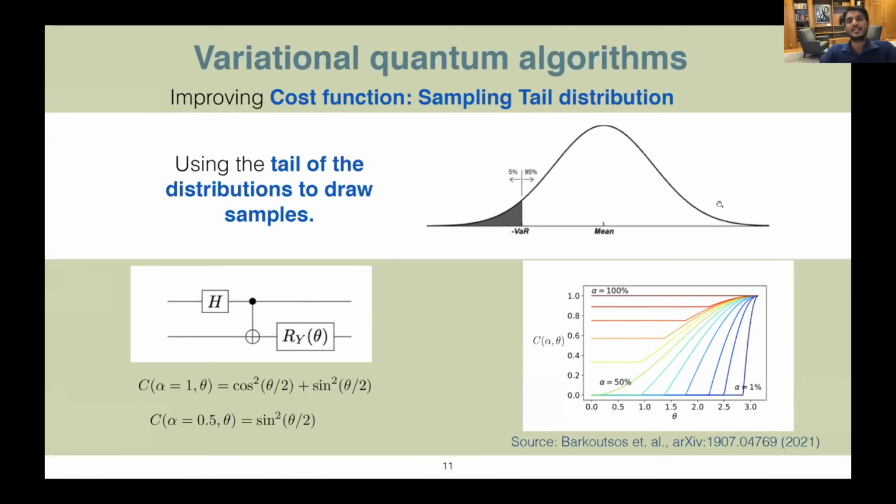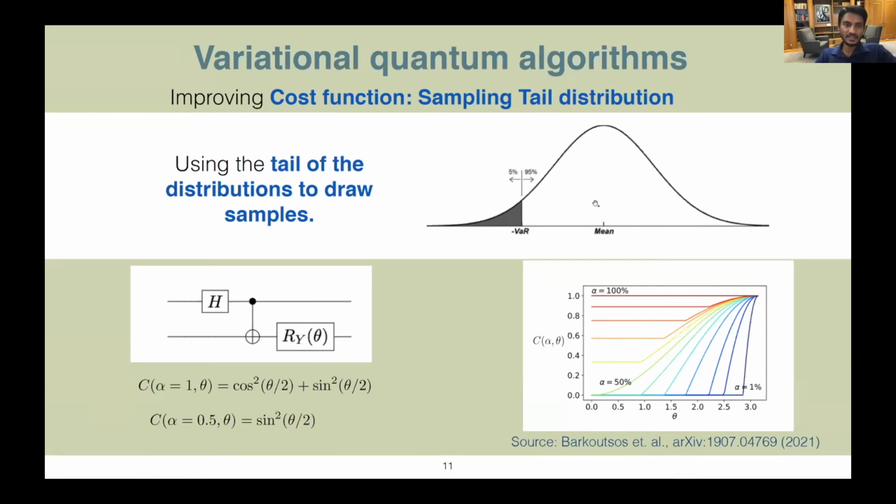We use all the samples given by the quantum device to compute the cost function. In an ideal world, if we knew the distribution of samples coming from the quantum device and knew how to efficiently sample from it, just sampling from the whole distribution and computing the cost function would give you the cost function, and then you could proceed with the optimization.